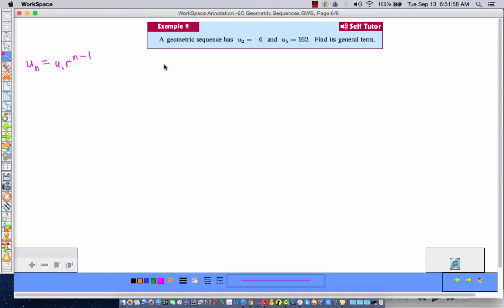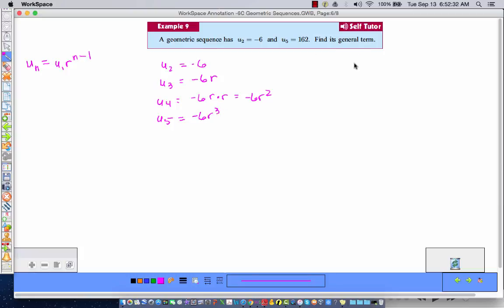So here we go. U sub 2 equals -6. U sub 3 is going to equal -6 times r. U sub 4 is equal to -6 times r times r, which is -6r squared. And U sub 5 would be equal to -6 times r times r times r, or -6r cubed.